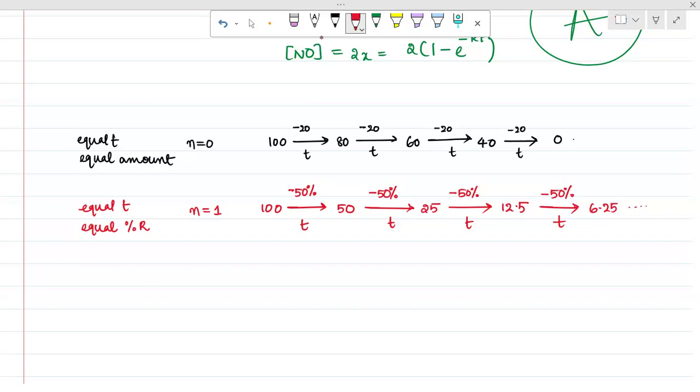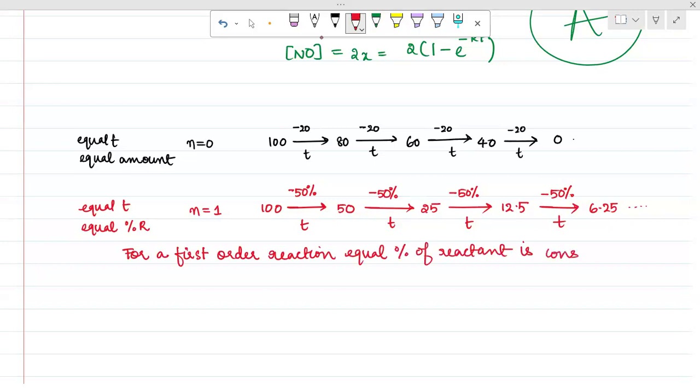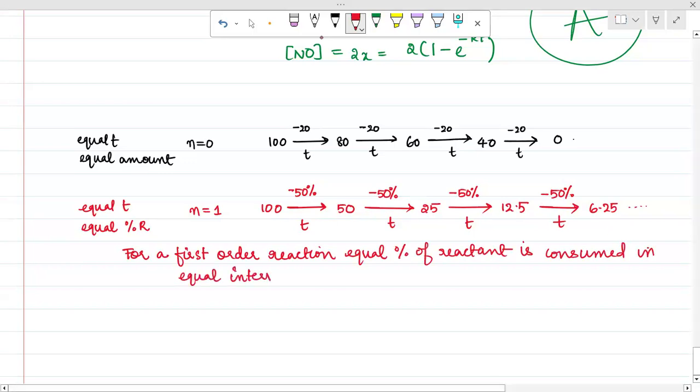So please note down, for a first order reaction, equal percentages of reactant is consumed in equal intervals of time.